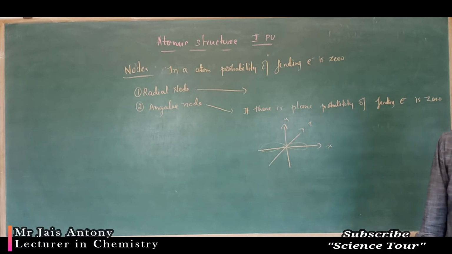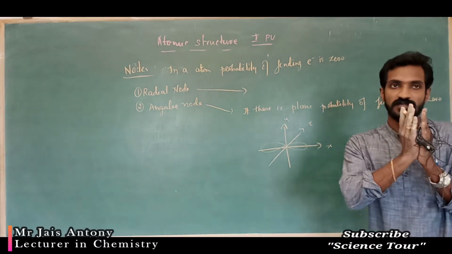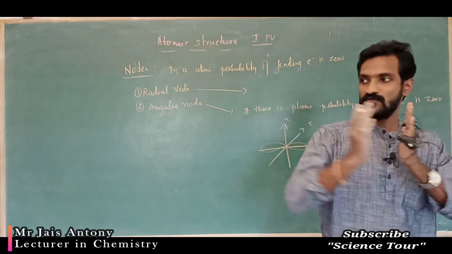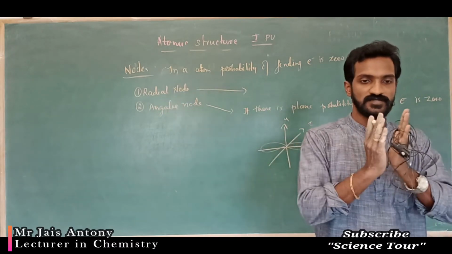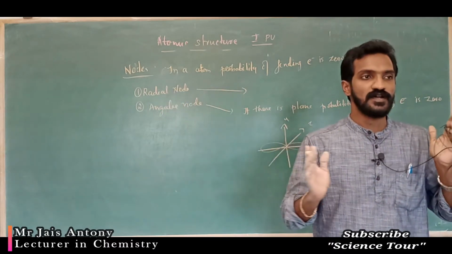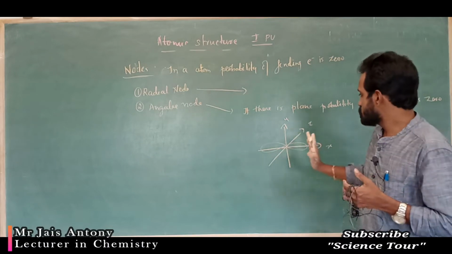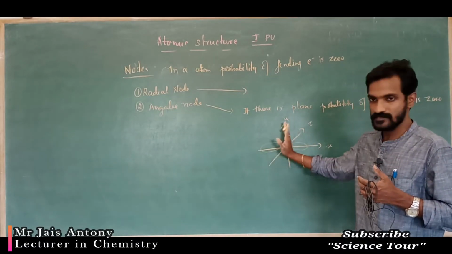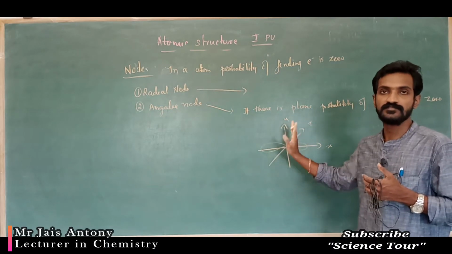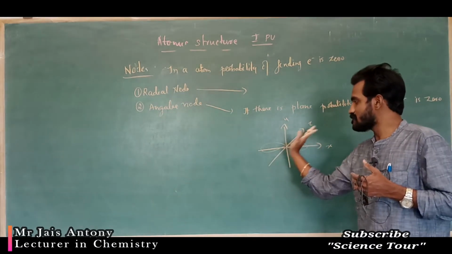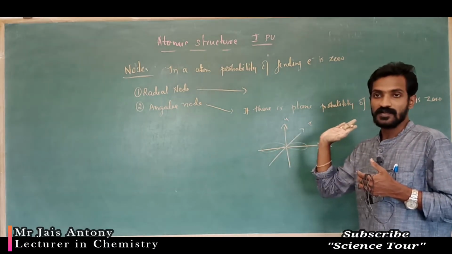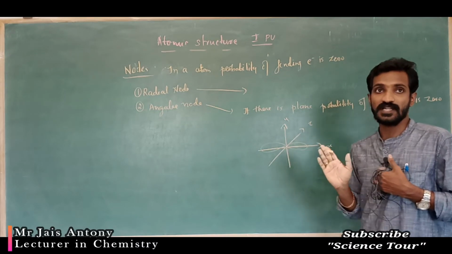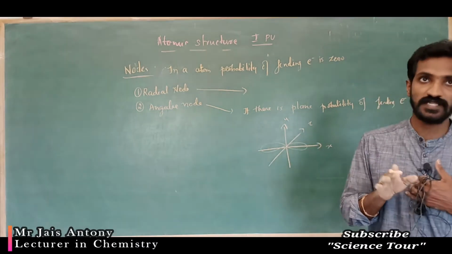You can cut these lobes with a plane which bisects them into separate parts. Here one, here one. How can we pass the plane? See, here you can pass a plane like this, one plane. Correct? Second plane. So in a p orbital, a total of 3 planes are possible.